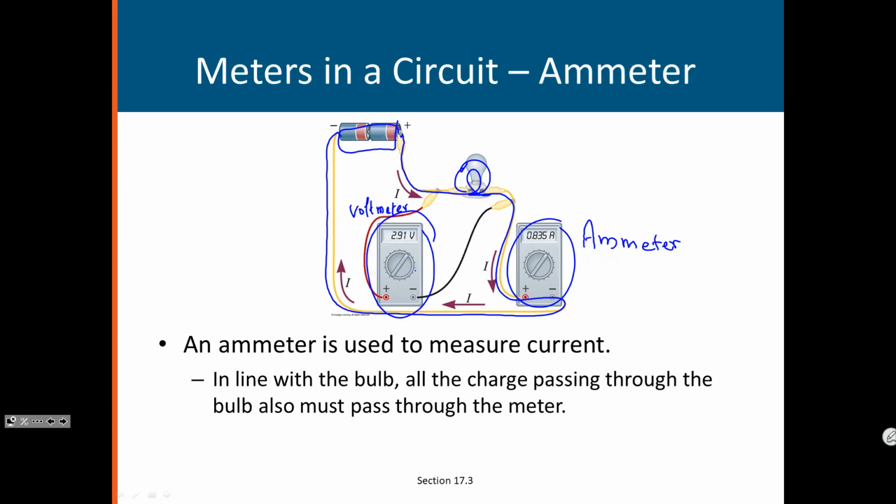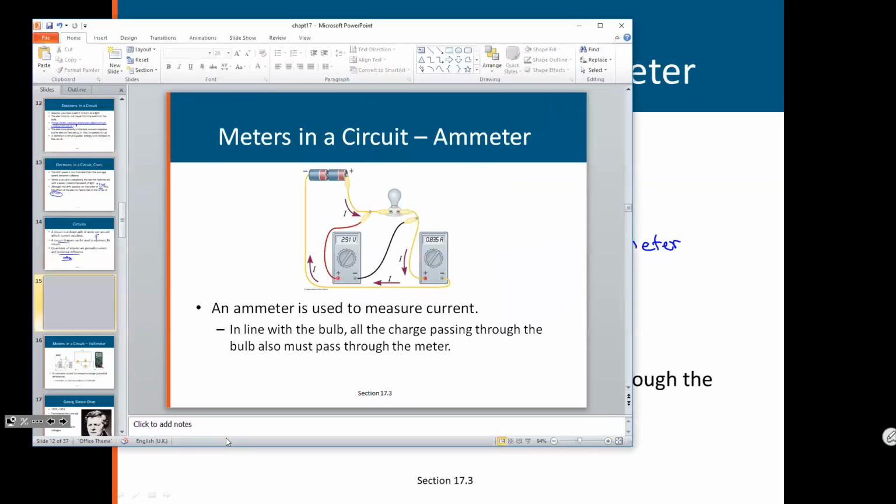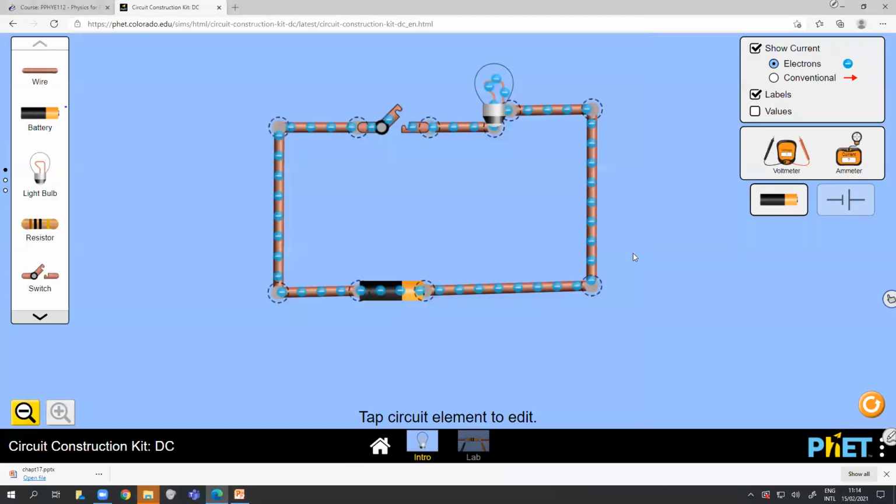So, ammeter measures the current and voltmeter measures the voltage. Now, let's go back to the simulation in the website, and let's connect the voltmeter and ammeter and talk about it a little bit more. Here it is.